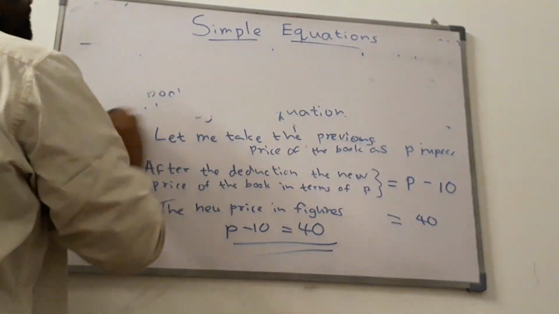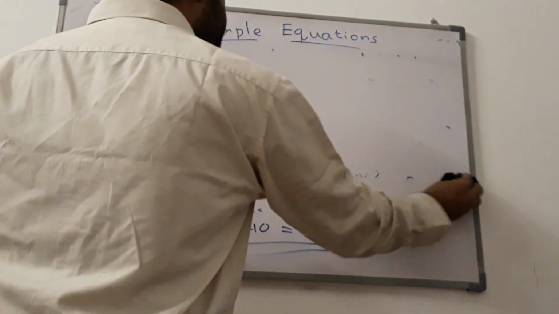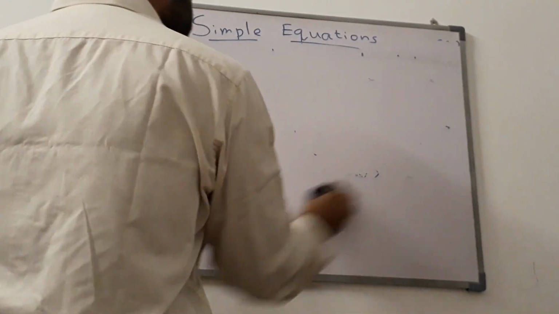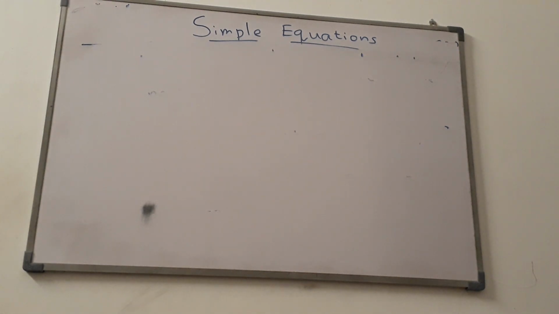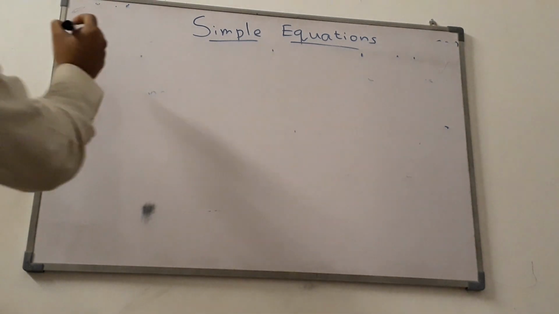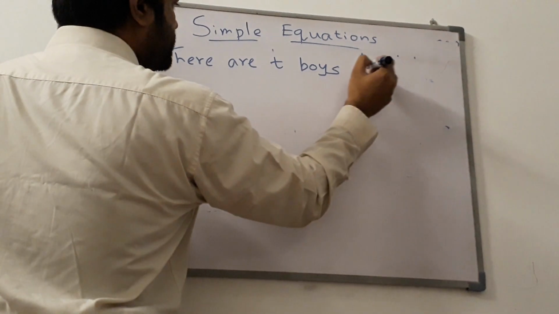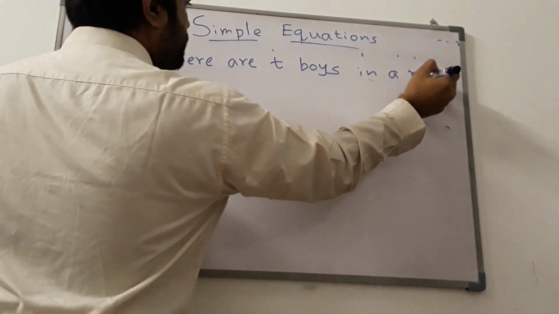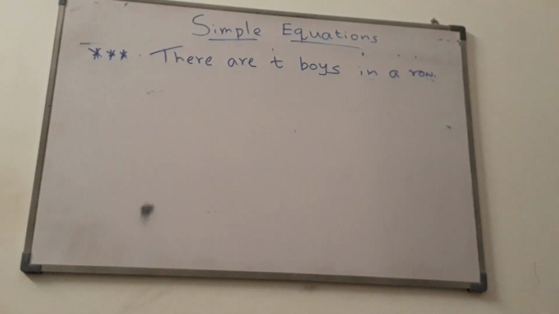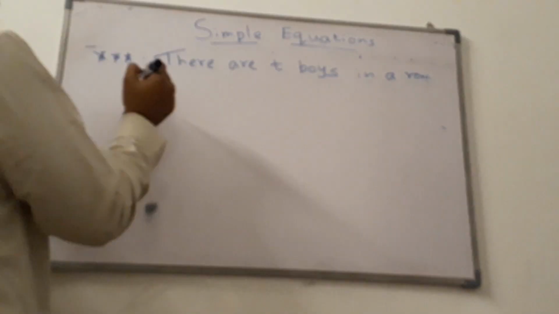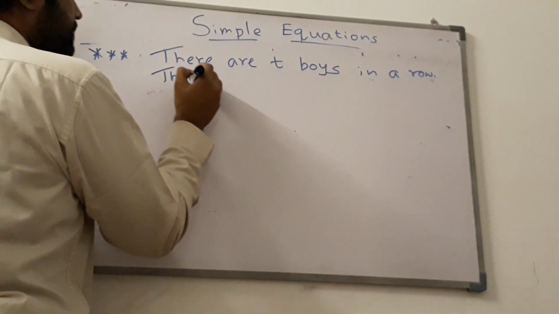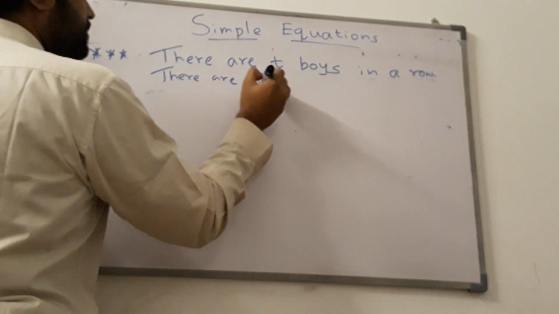Next example. There are t boys in a row. There are 10 such rows.